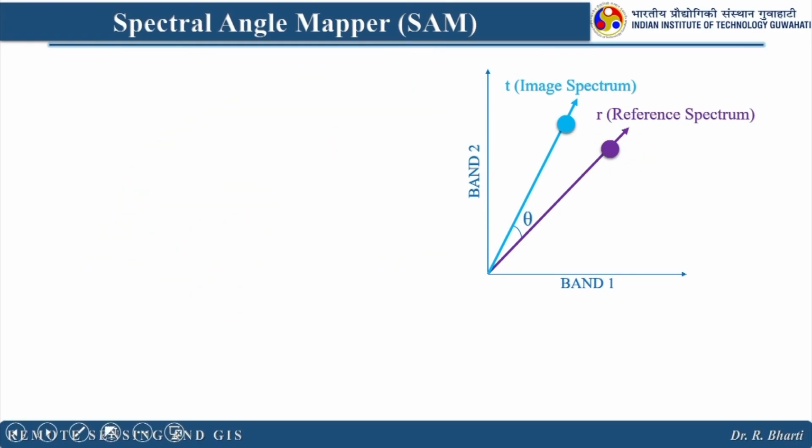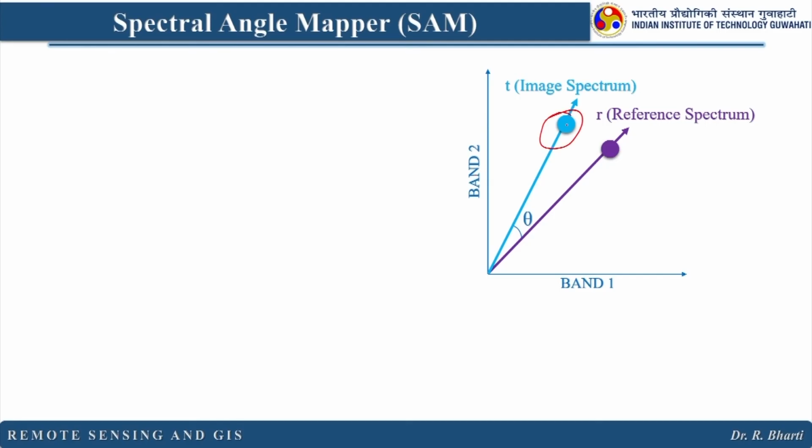This is very important to note that if your image is in percentage reflectance, your values can be like 0 to 100, or if you have used some 10,000 multiplication factor, then 10,000 multiplied with the value of that pixel will be completely different from this.